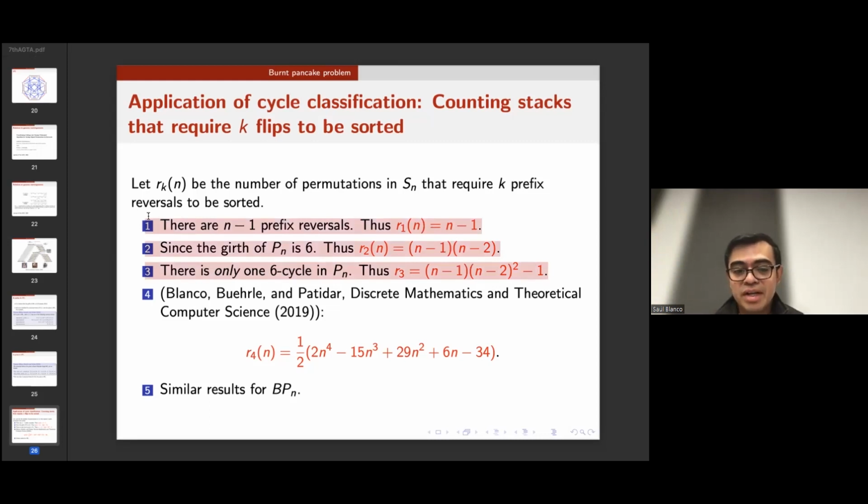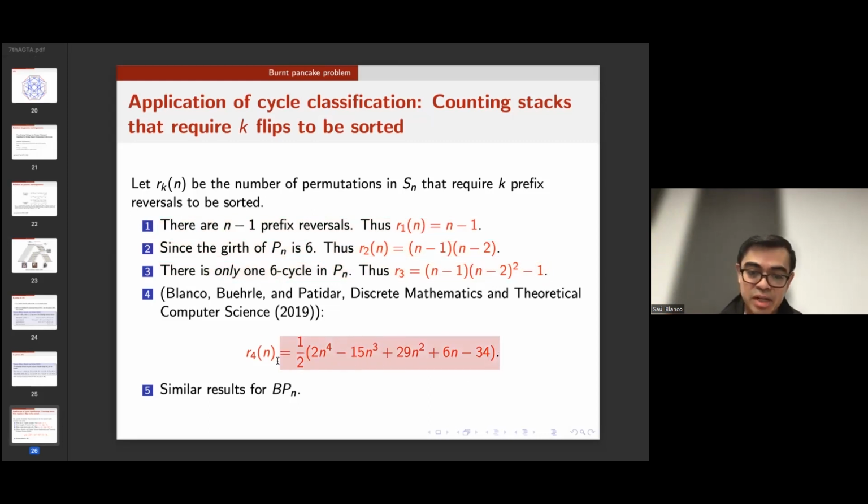The first non-trivial case is what happens when you have 4, so requiring exactly 4 flips to sort the stack of pancakes. And we actually came out with the result based on the classification of small cycles. So 7 and 8 were used, the classification of small cycles for the pancake graph and burnt pancake graph. So we actually use Elena's classification to get this result.